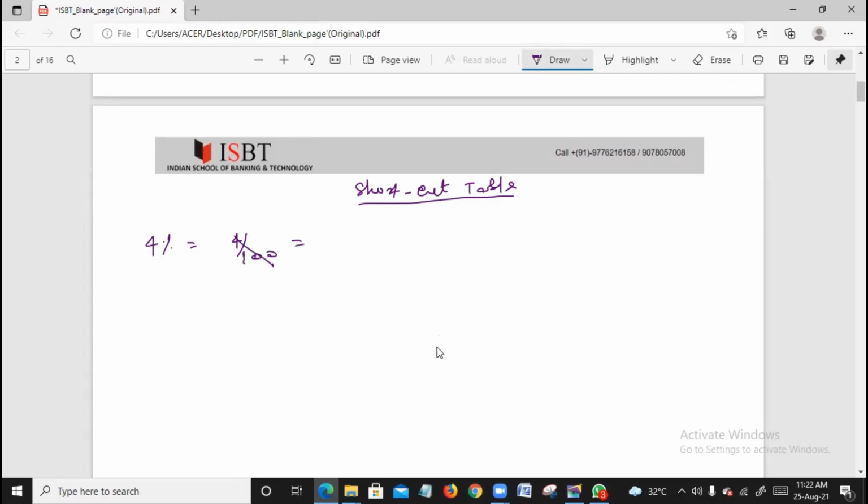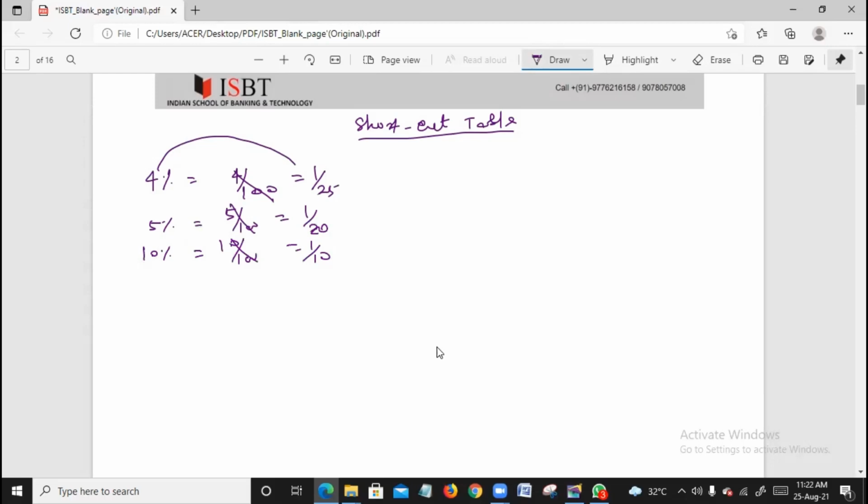That means 1 by 25. So 4% is equivalent to 1 by 25. Then 5%. 5% means 5 by 100 is equal to 1 by 20. 1 by 20 means 5%. Like this, 10%. 10 by 100 is equal to 1 by 10.